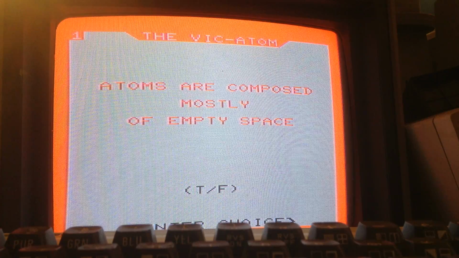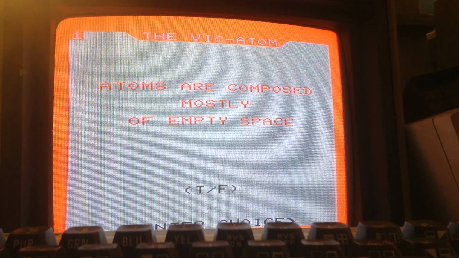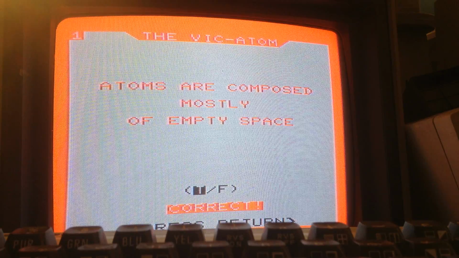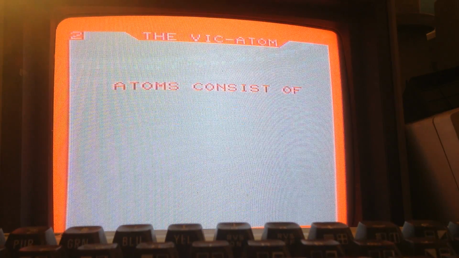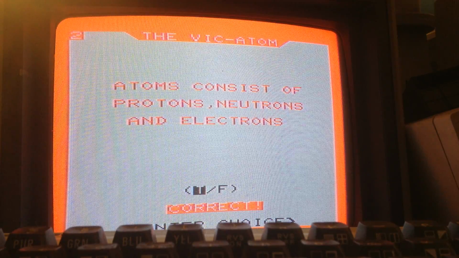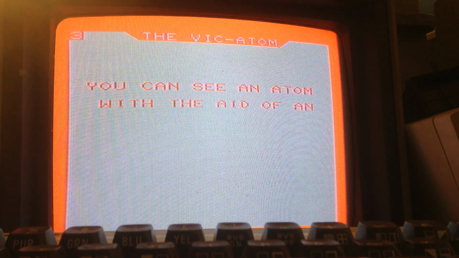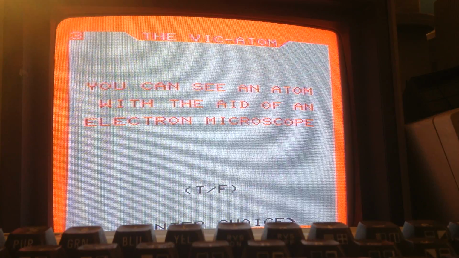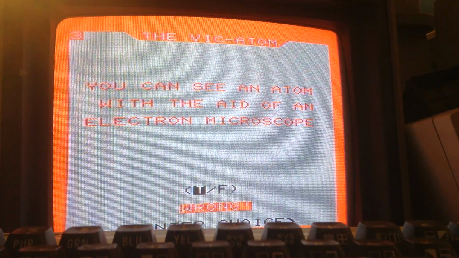Ooh, let's go for true false. Atoms are composed mostly of empty space. True! Atoms consist of protons, neutrons, and electrons. True! You can see an atom with the aid of an electron microscope. True!